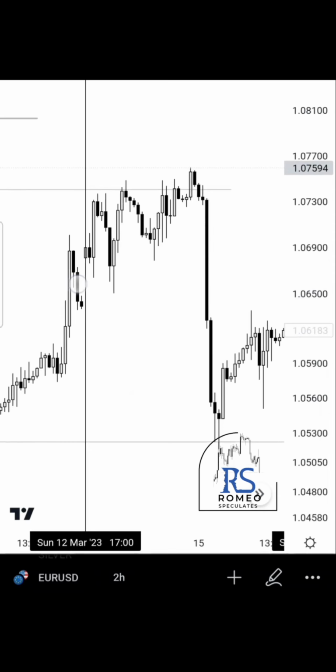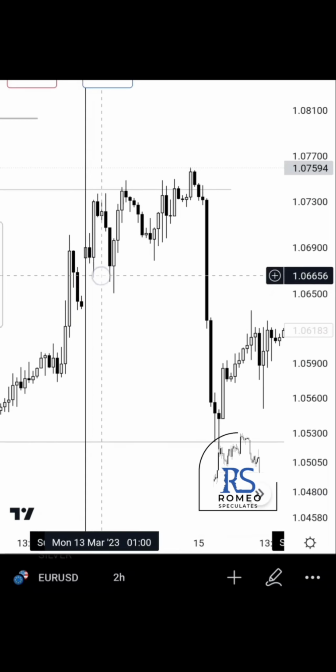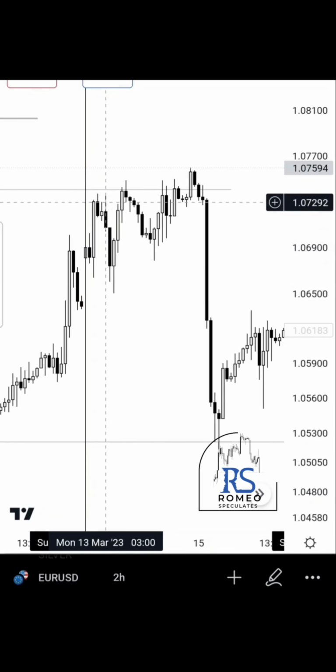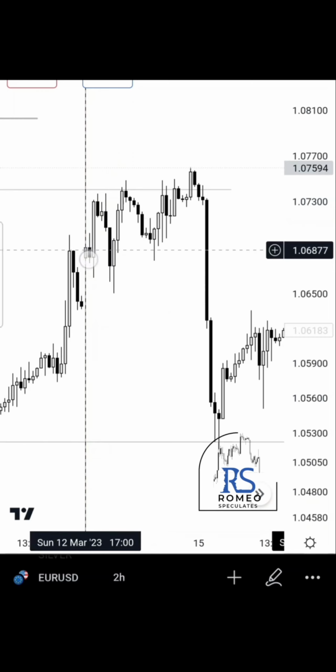Weekly profile. Sunday gap. It opens with a gap to the upside. So instantly when that happens, I'm looking for a Judas. So opening price is right around here, 1.069 more or less. When the Sunday price is opening to the upside, I'm expecting a Judas.